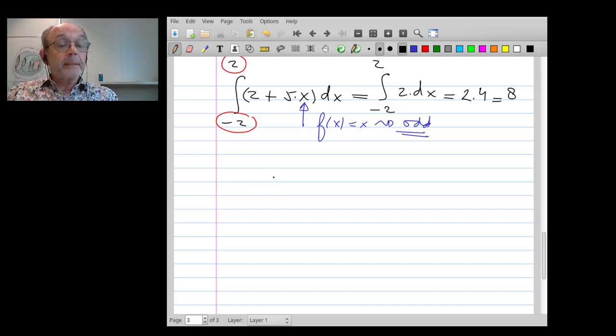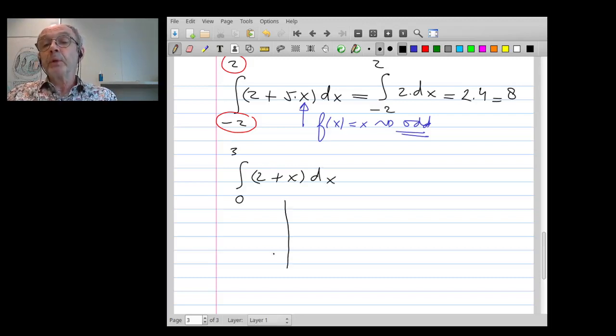Also some integral like from 0 to 3 of 2 plus x dx. Now, what can we do? Then we can also make a graph of that function you are integrating. You have the interval from 0 to 3, that's the domain.